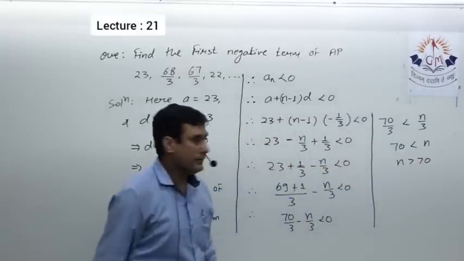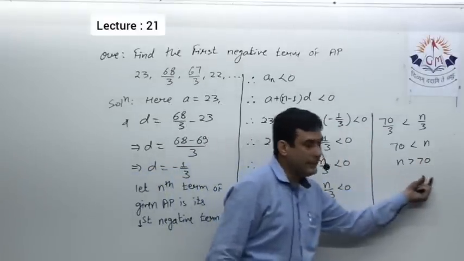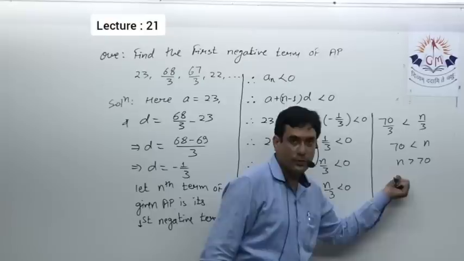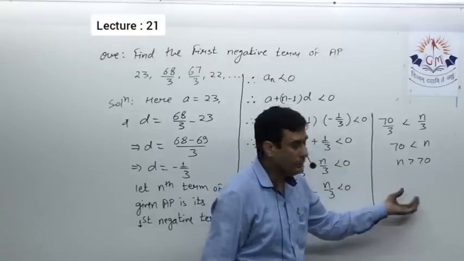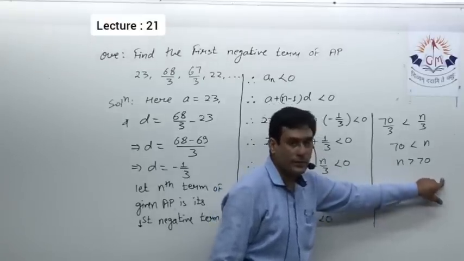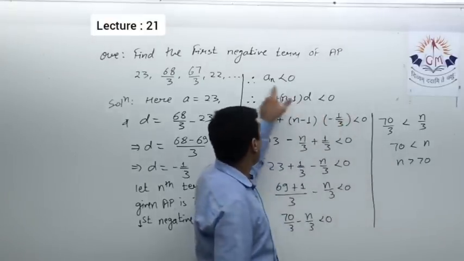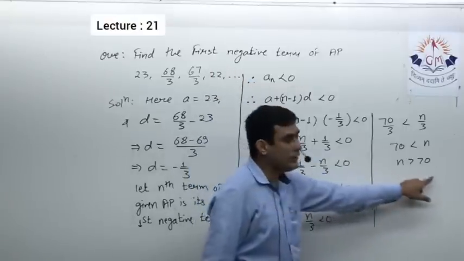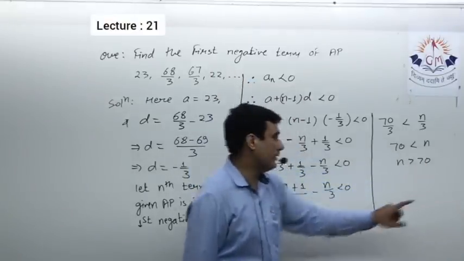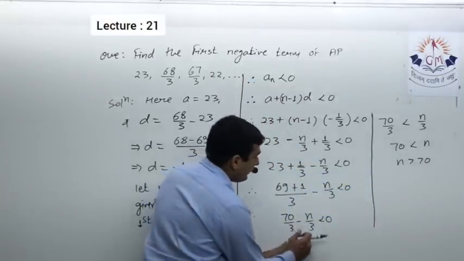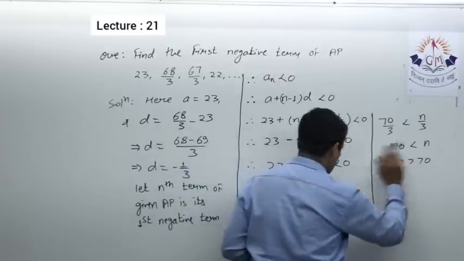Here n is a natural number, position is a natural number, so any number which is greater than 70 will be negative. So I have to find the first negative. So first negative term will be the 71st term. Here I took n by 3 on that side, so there is no confusion.